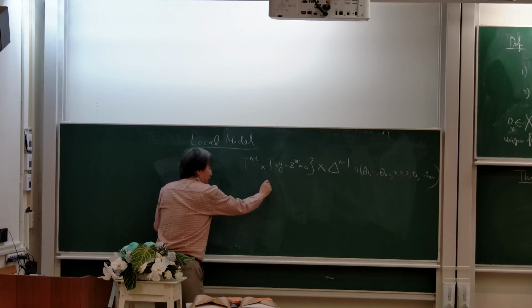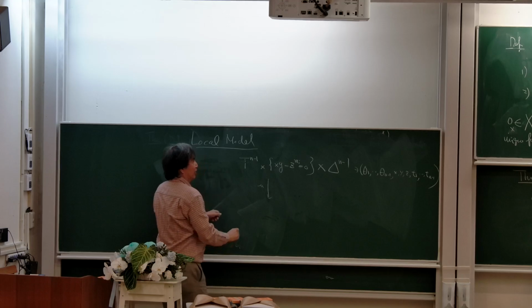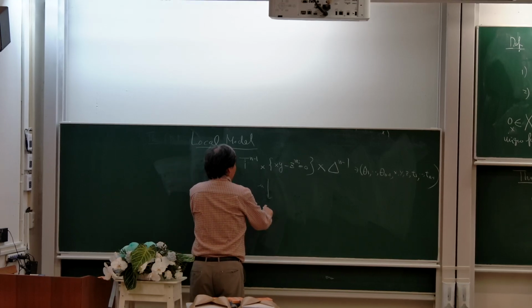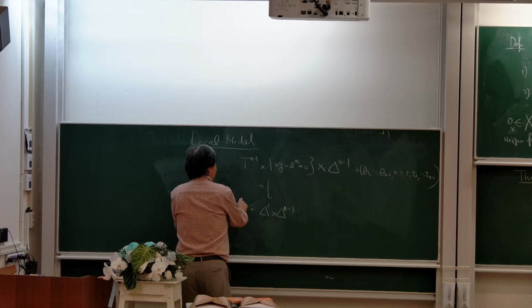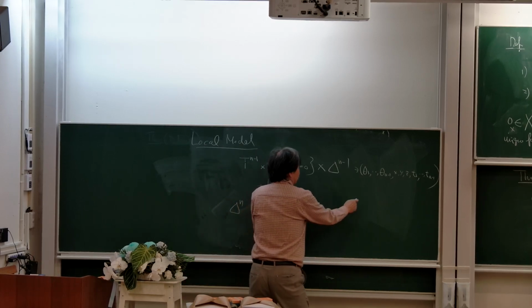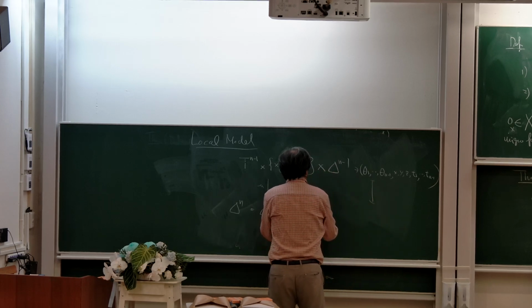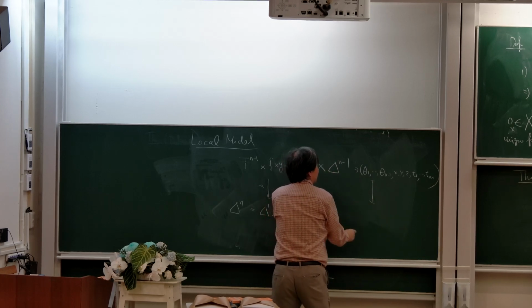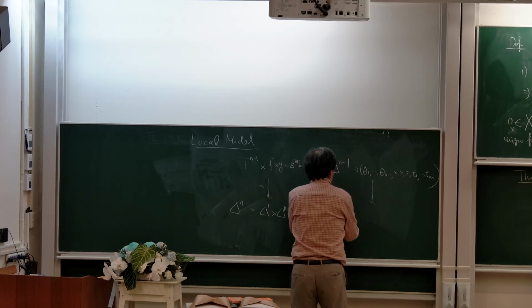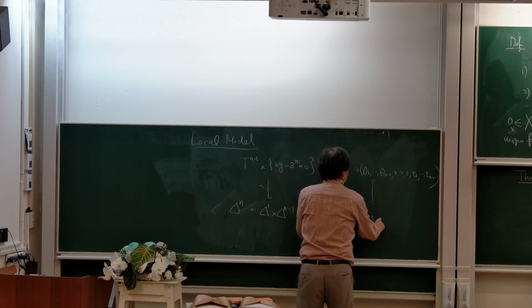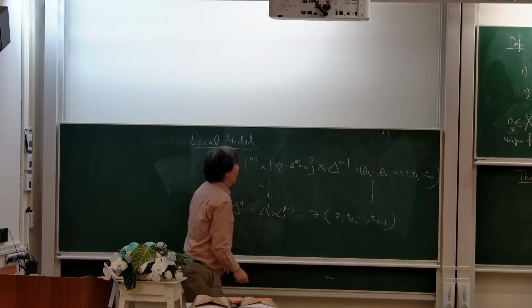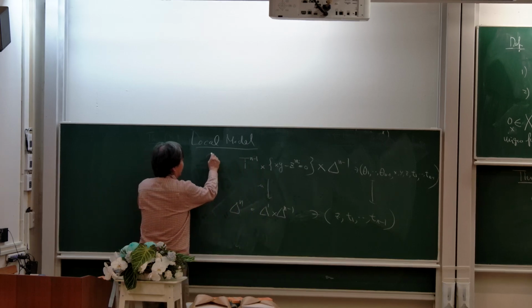And the moment map is given in the following way: z, t1, ..., tn-1. And what is the Tn action?